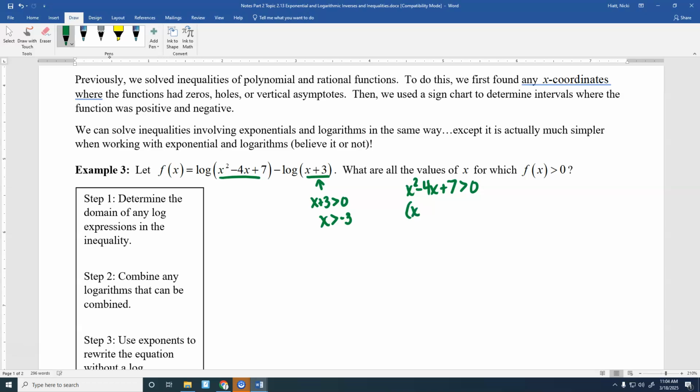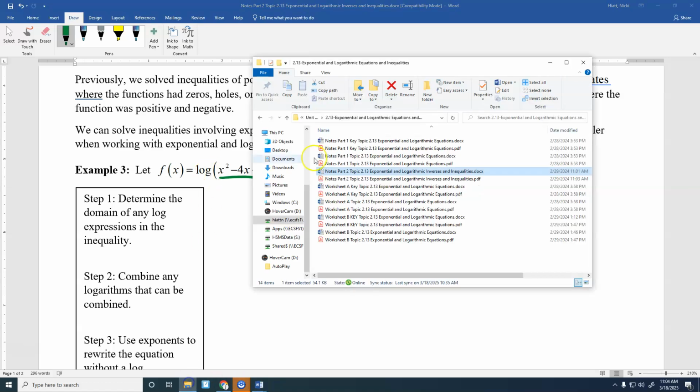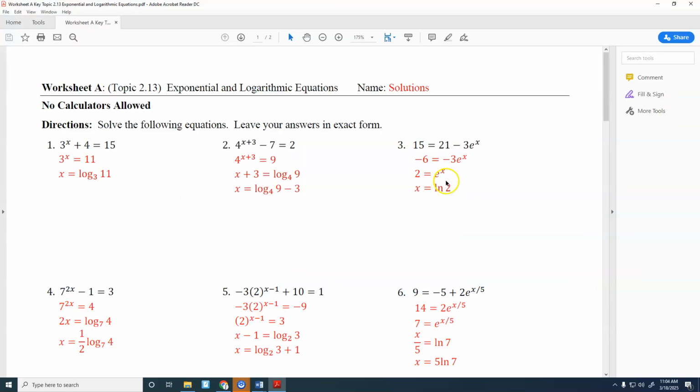So I will have x, oh no, oh gosh. This is a quadratic formula. Let me look at the key on this one to see if I want to proceed with 15 minutes left to go. Could you do this without the quadratic formula or no? Not this. Oh, that's the wrong thing.